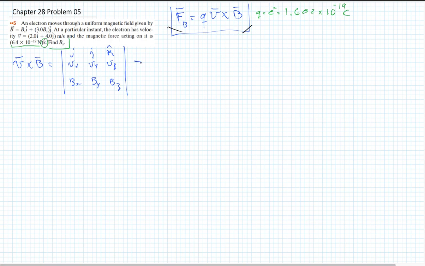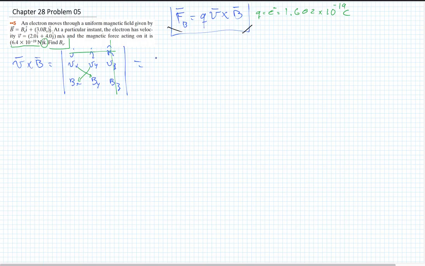But we know, guys, that our force will be only in direction k. So the only ones that we need to be concerned with are these: this one times this one, and this one times this one, but it's going to be negative.